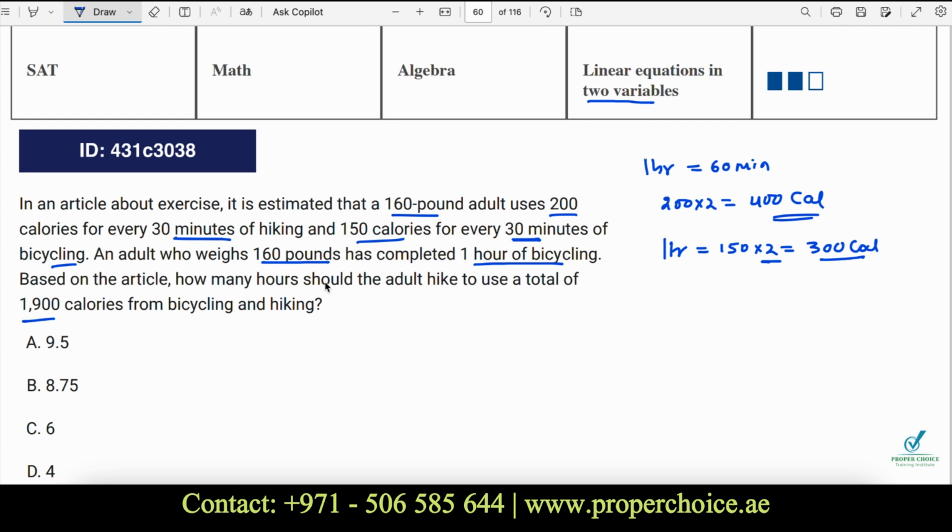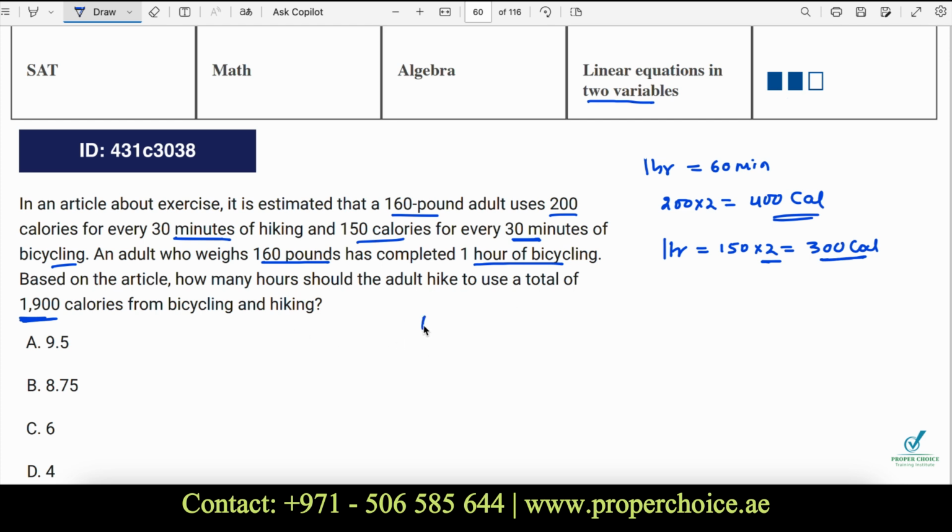As the question says, an adult who weighs 160 pounds has completed 1 hour of bicycling. So out of 1900, 300 calories has been used for the bicycling. Now they are asking, the remaining is used for the hiking. How many hours has he been hiking?